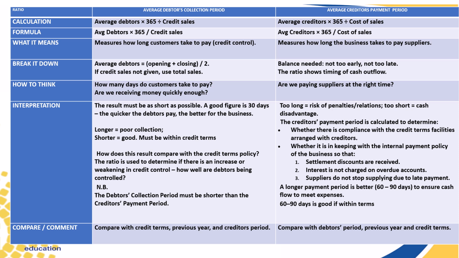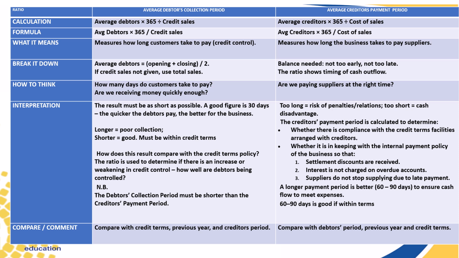The next section of the liquidity ratios is your average debtors collection versus your average creditors payment period. And you must know how to calculate these. All your financial indicators, you must know how to calculate them. I'm just going to explain this in short because we did that in grade 11 as well.